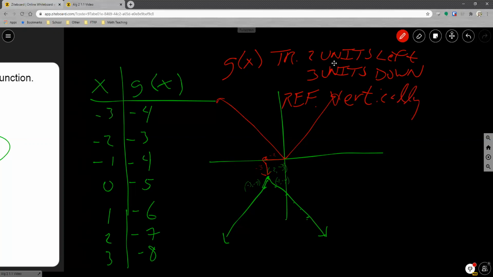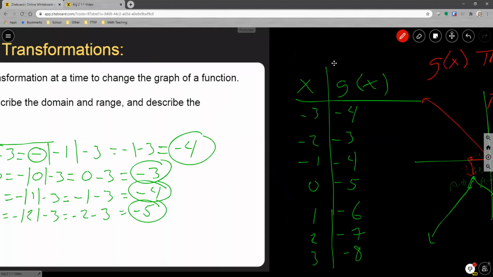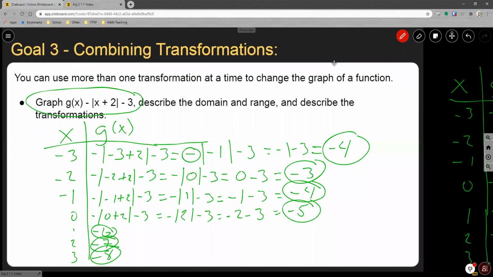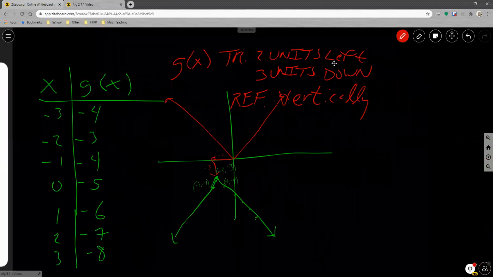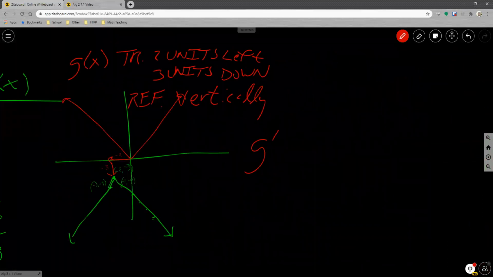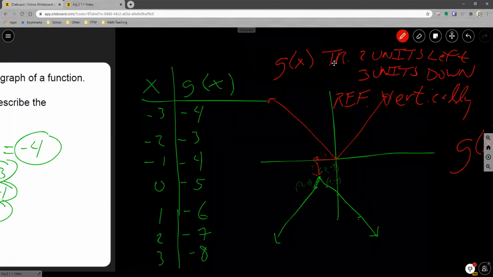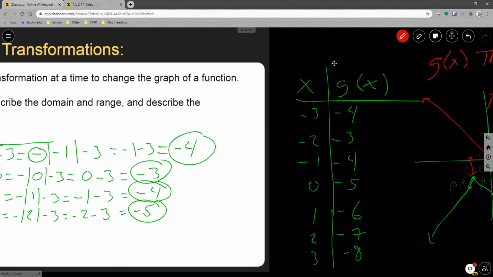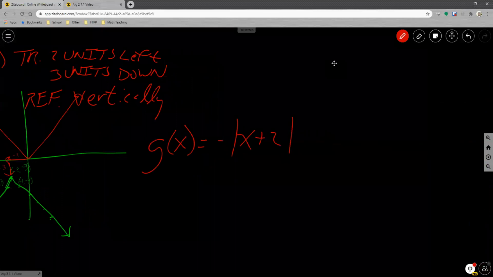It's been flipped vertically. What's interesting, if we look at this graph here, or the equation, my equation was g of x equals negative absolute value of x plus 2, minus 3, did I get that right? Well, look at this.